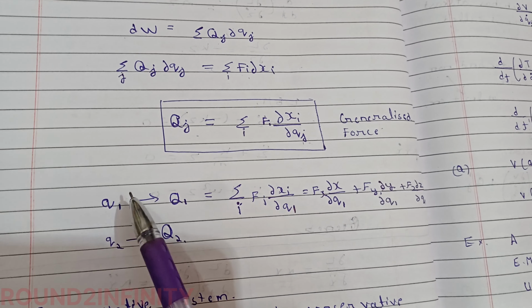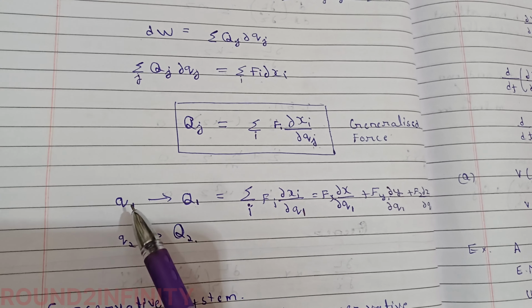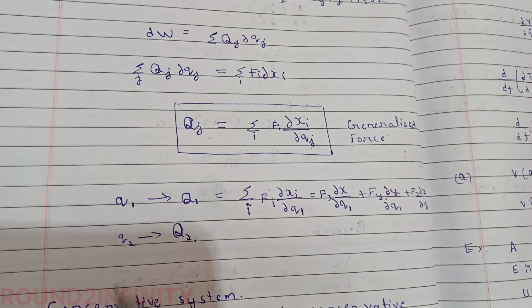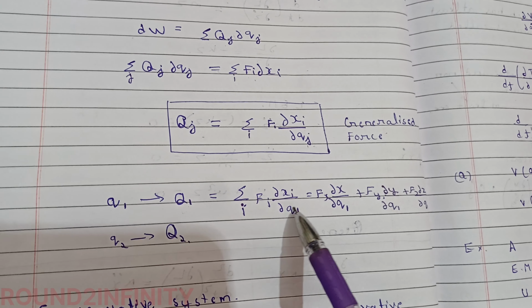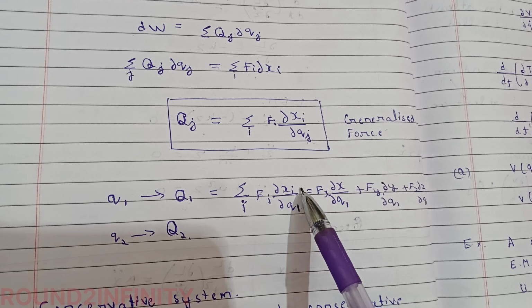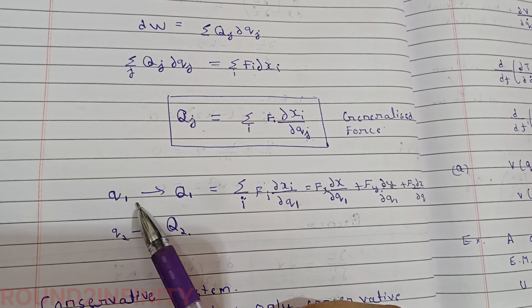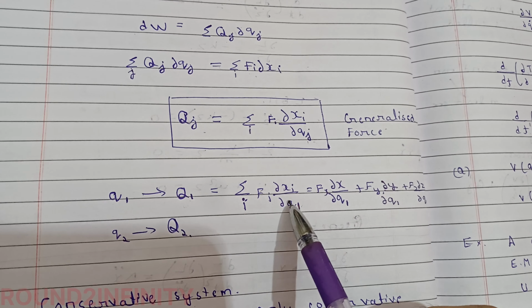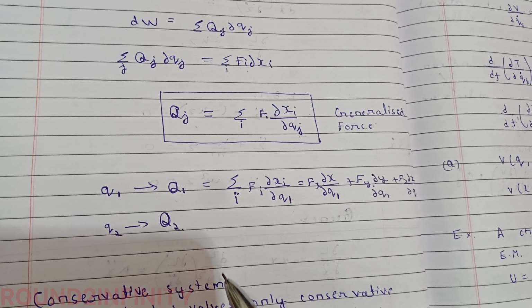Every capital Qi is the generalized force associated with the generalized coordinate, small q1, and that is given by this. Here you will have 1, and this will be Fi del xi, as I already told you. This force is along the q1 coordinate. So you differentiate all the terms with respect to q1 to get the force along 1.